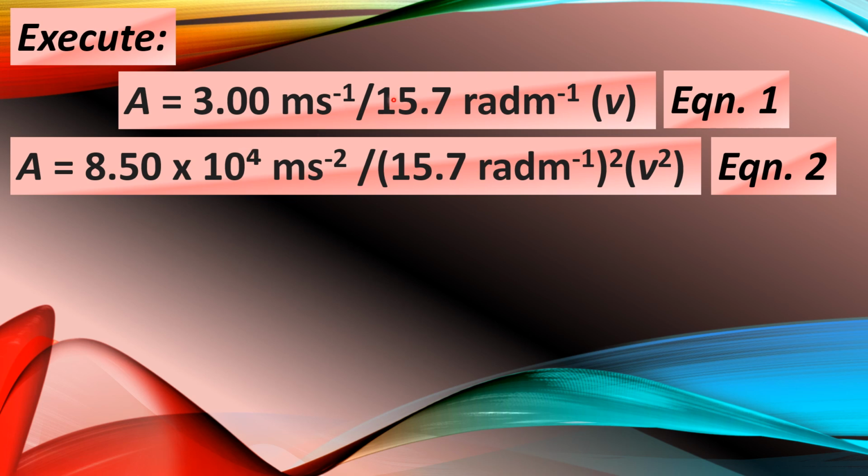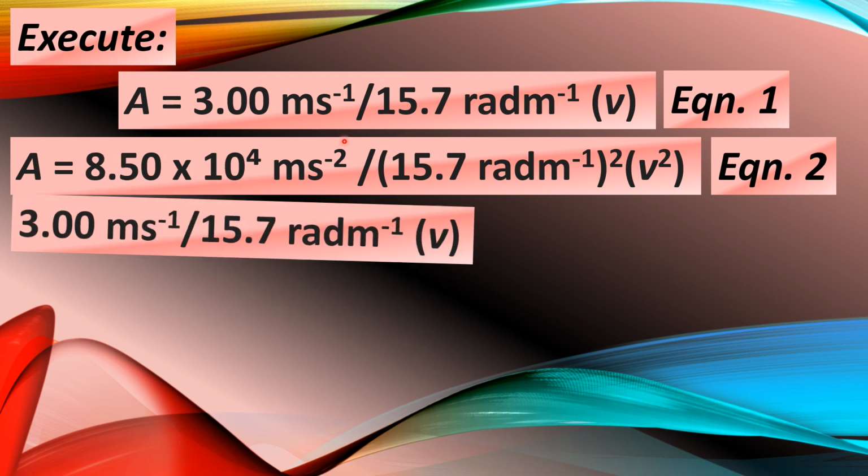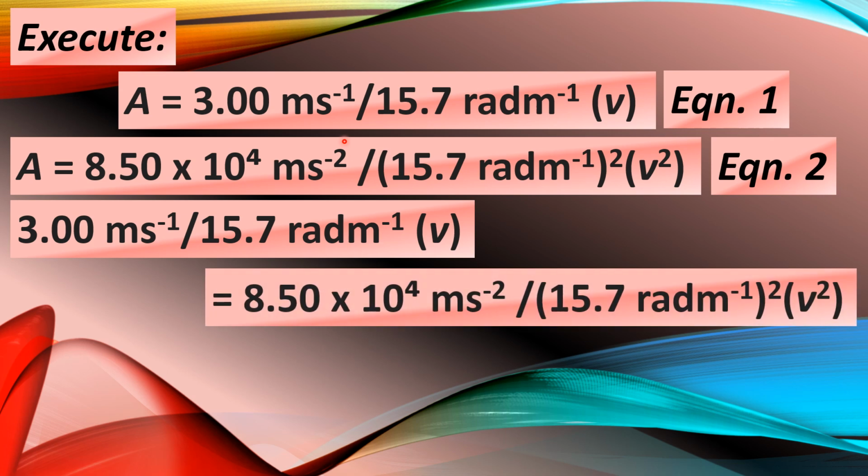Equating these two equations, 1 and 2, we will have the following. In the first equation, we have 3.00 meter per second divided by 15.7 radian per meter, multiplied by the speed v.